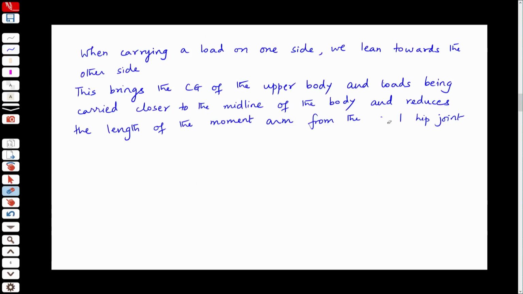I should say farther hip joint, since distal has a specific meaning.